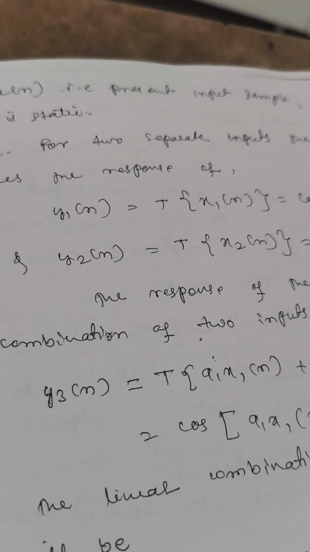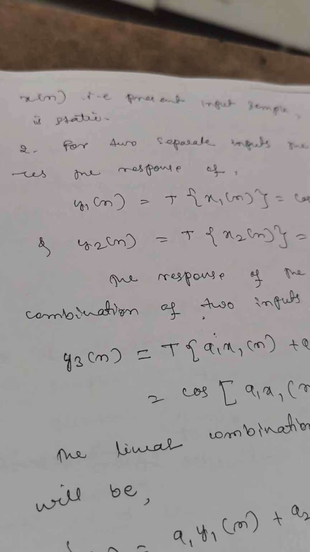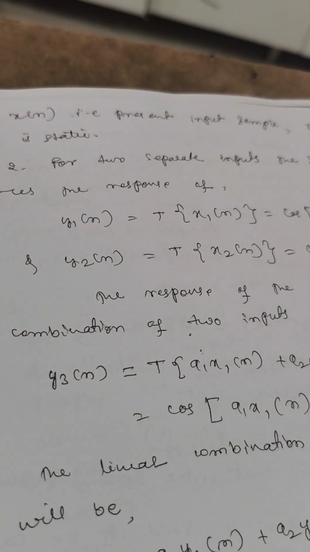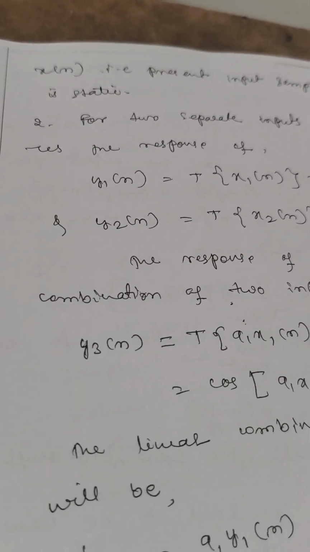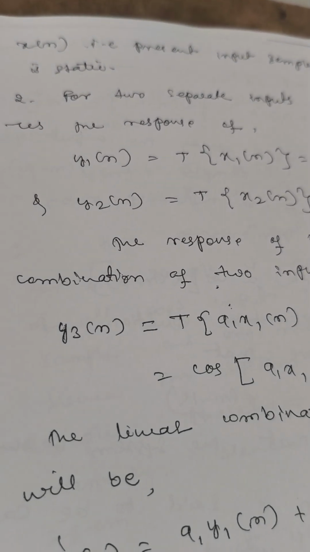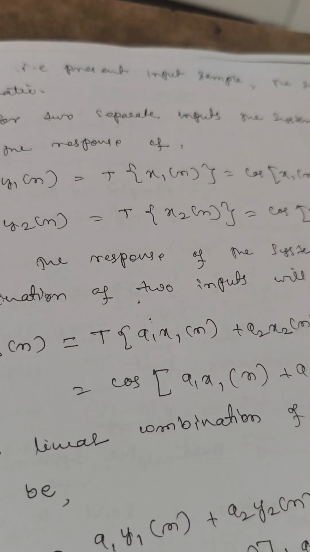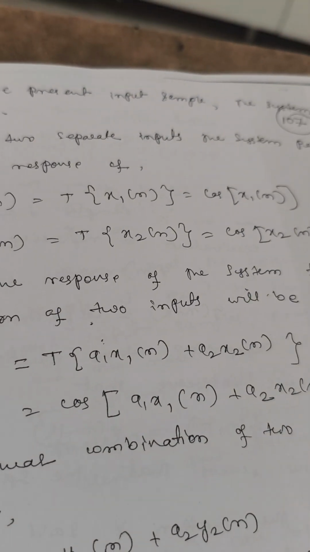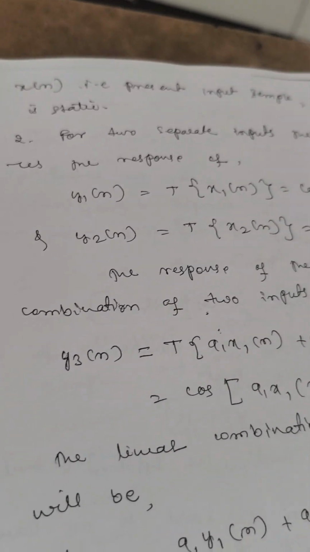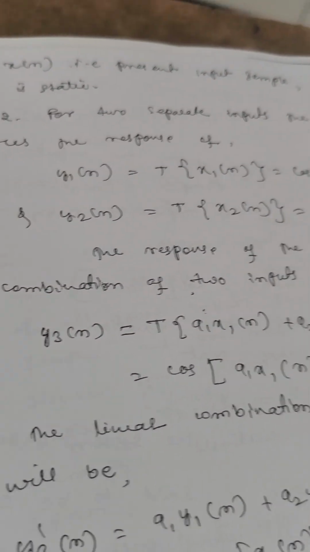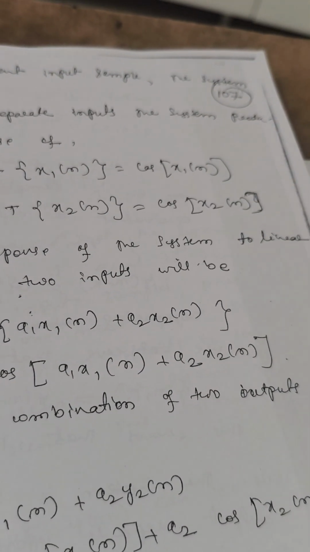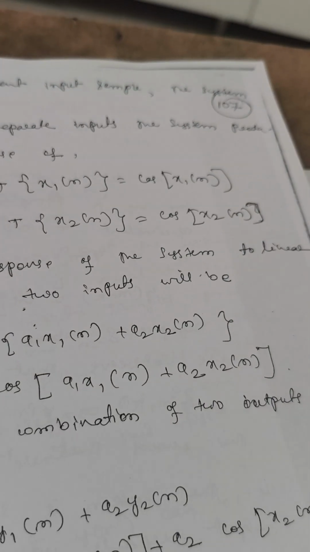Next, we'll find out whether the system is linear or non-linear. For that, we consider the same system and find y of n, where the input is x1 of n.